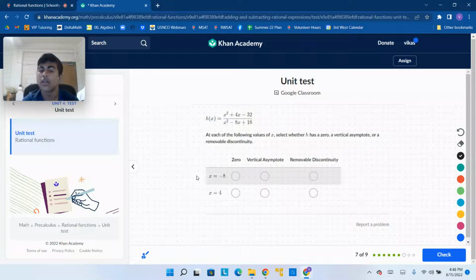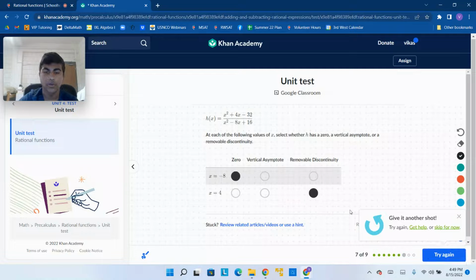The numerator becomes 64 minus 32 minus 32, so that's going to be 0. If you plug in 4, then you're going to have 16 plus 16 minus 32, but the denominator is also going to be 0, so that's going to be a removable discontinuity.